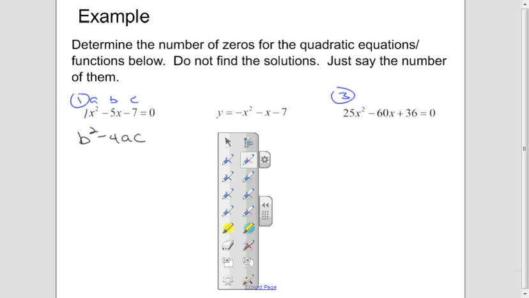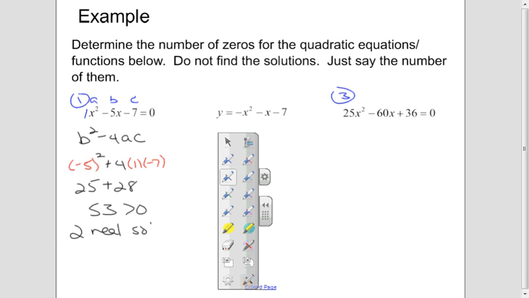Okay, we're going to get -5 squared minus 4 times 1 times -7, which in fact is going to give me 25 plus 28, which is 53, which is greater than 0, and this means you'll get two real solutions for that equation.